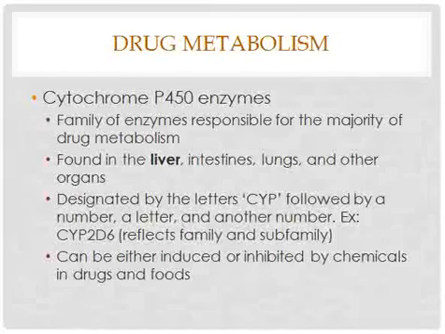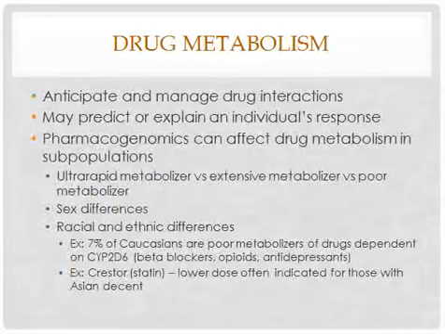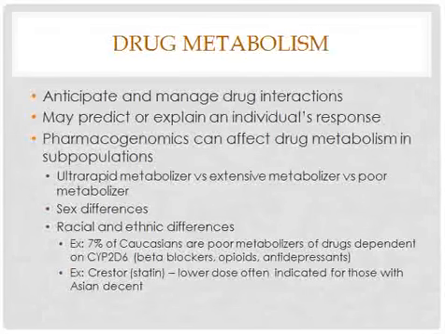So if you're decreasing the enzymes, then it's not able to break down the drug as much, and then the drug starts building up in your system and can be toxic. So our job as prescribers would be to anticipate and manage different drug interactions. And this can help predict or explain individuals' responses as well.